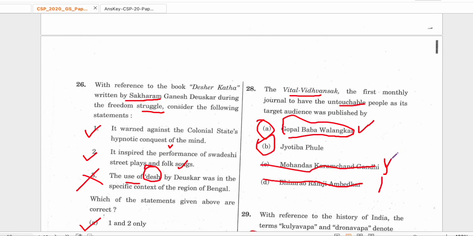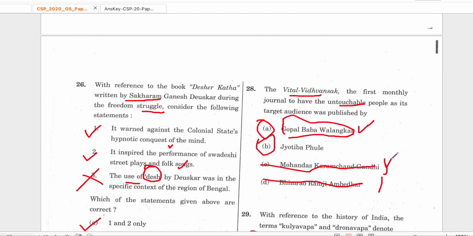And B.R. Ambedkar, we know Muknaik, etc., the chronicles which are written by B.R. Ambedkar, and Vittal Vidvansak was nowhere there, and Jyotiba Phule was associated with Gulamgiri. So the person who is left is Gopal Baba Valangkar.